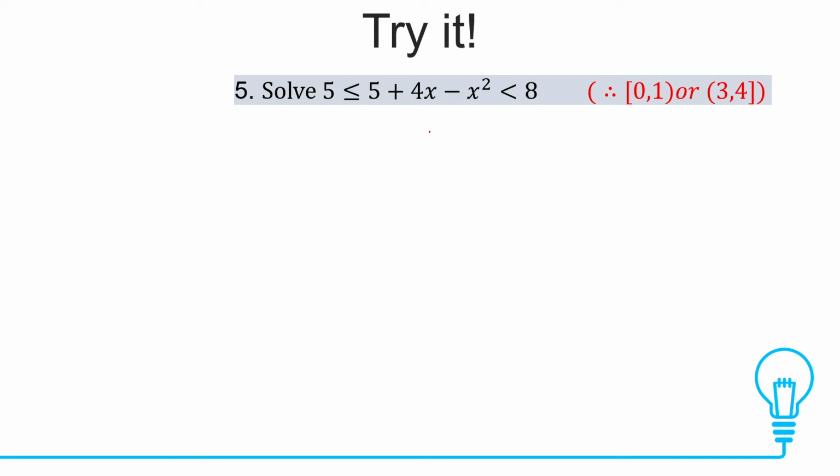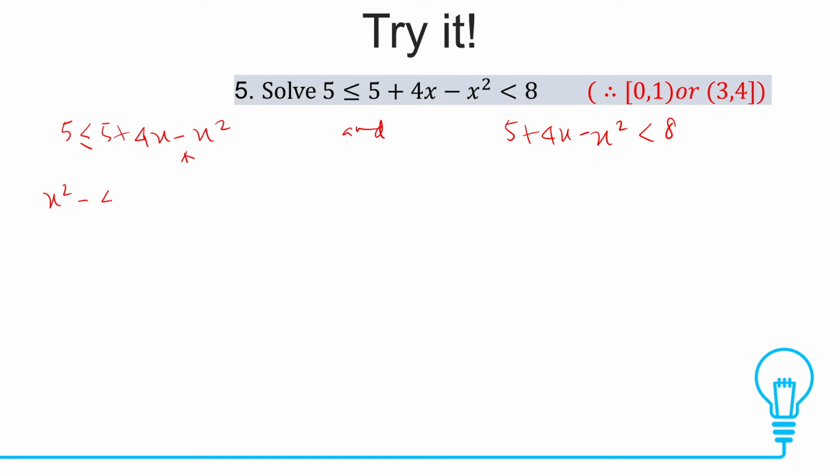What we can do now is break it into two. 5 less than or equal to 5 plus 4x minus x squared, and 5 plus 4x minus x squared less than 8. On the left hand side, since we don't like our quadratic to have a negative a, we shift this one to the other side.